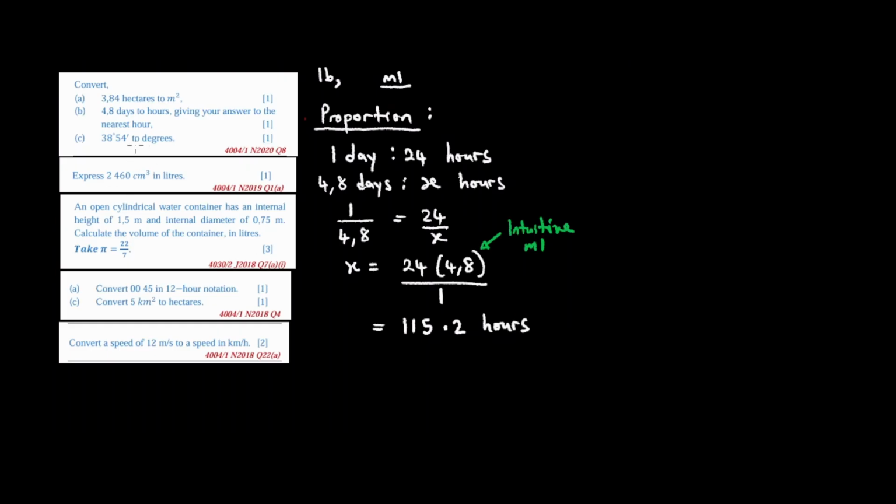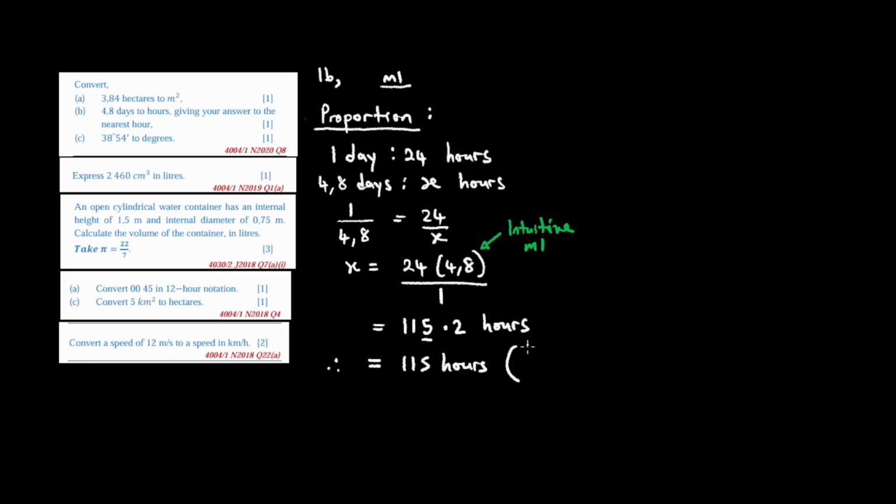But we have been given a specific degree of accuracy, giving your answer to the nearest hour. So if it is to the nearest hour, what are we going to be rounding off? So we look at the units here, look immediately to the right, and see that this 2 has no rounding off effect, meaning our answer is 115 hours.